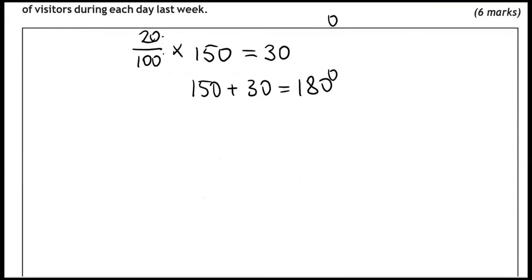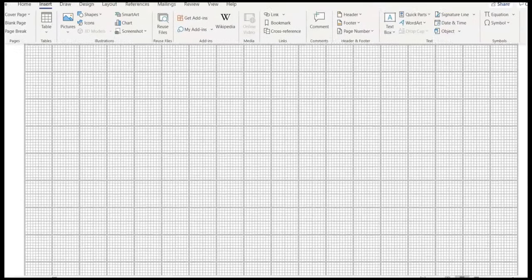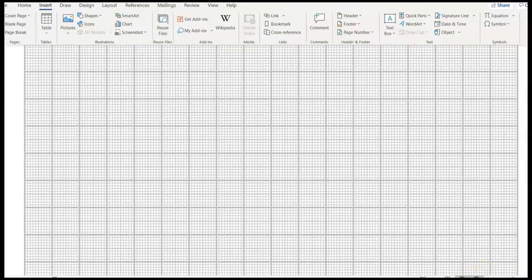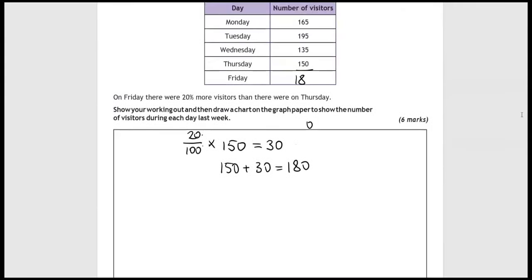Now we're going to show all of this in the bar chart here. We'll make this smaller so that we can see what's happening. So horizontally, we're going to show the days of the week, and vertically, we're going to show the number of visitors.